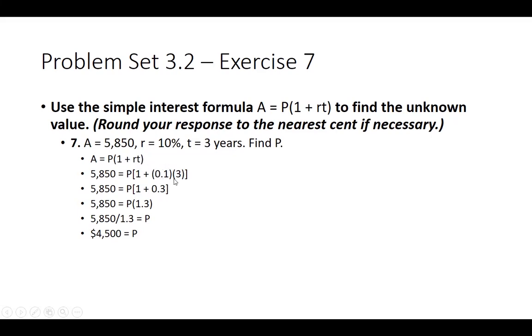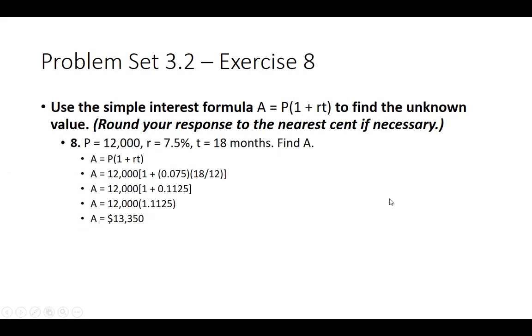Substitute for A, substitute for R, substitute for T. Multiply R and T first. 0.1 times 3 is 0.3. 1 plus 0.3 is 1.3. Divide both sides by 1.3 to solve for P, and we get 5,850 divided by 1.3 is 4,500. So P is $4,500.